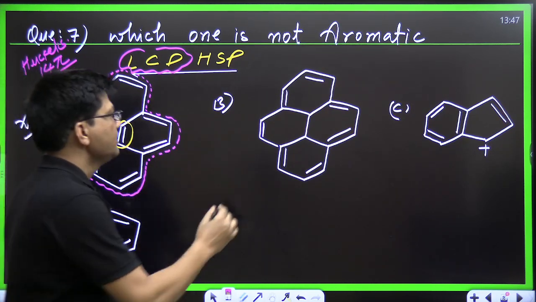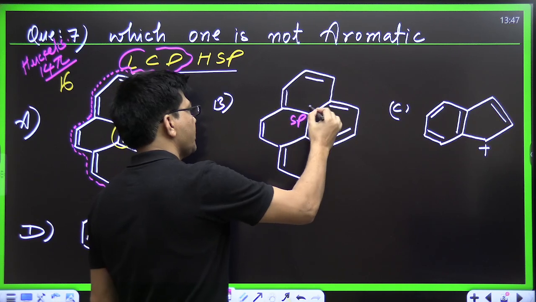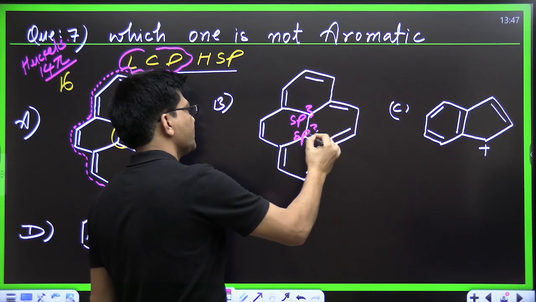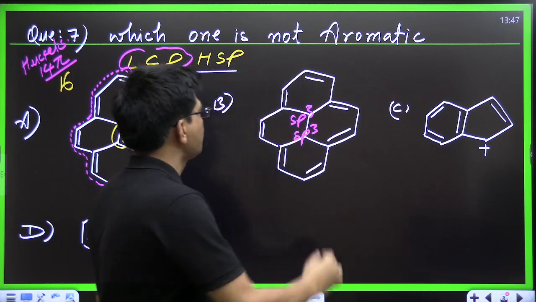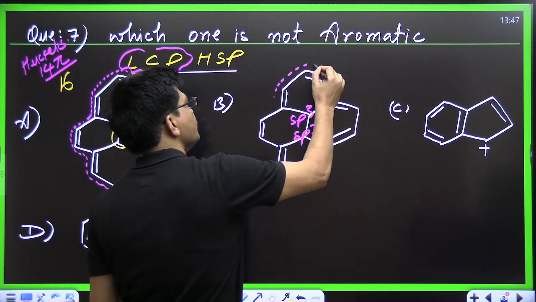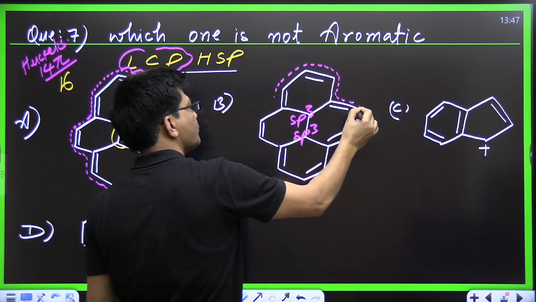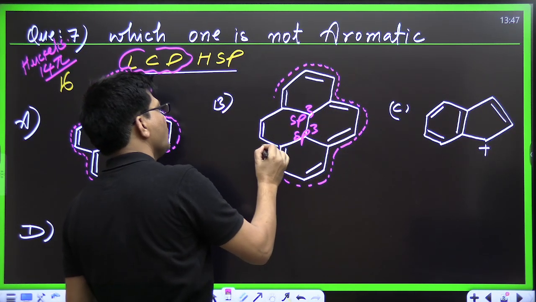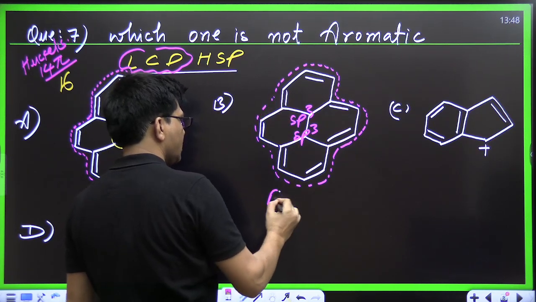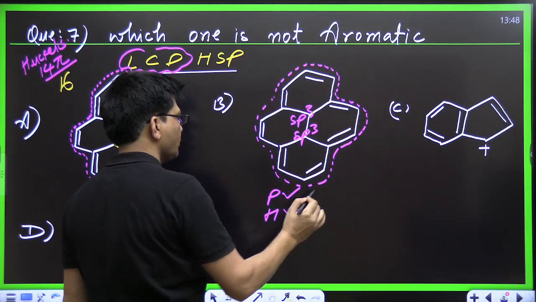And same here, this carbon is sp3 hybridized, but we do not have to focus on this carbon, we have to see just the longest conjugated periphery. In the longest conjugated periphery, the planarity rule is followed, and along with the planarity rule, Huckel's rule is also followed. This is also aromatic.